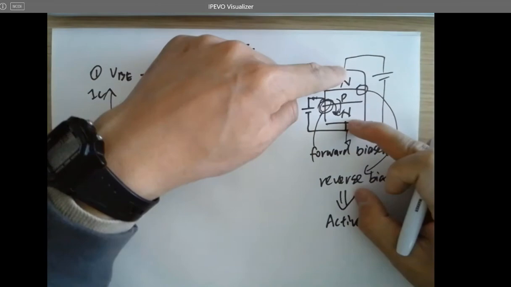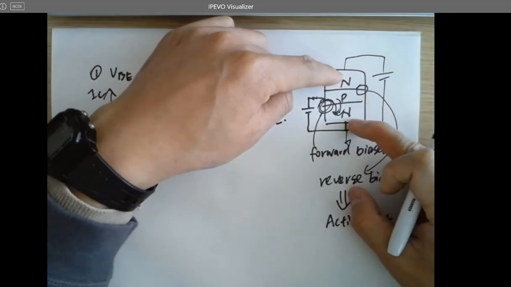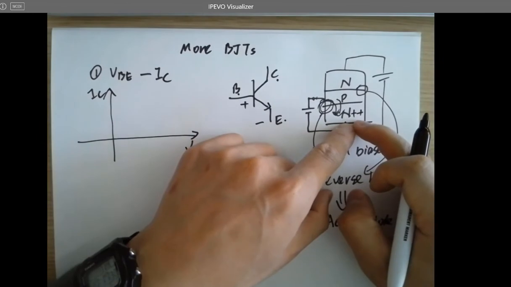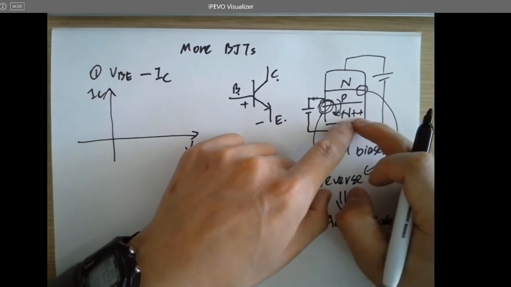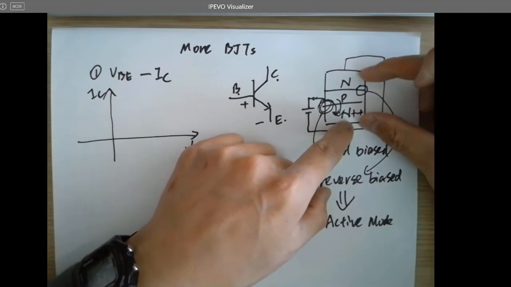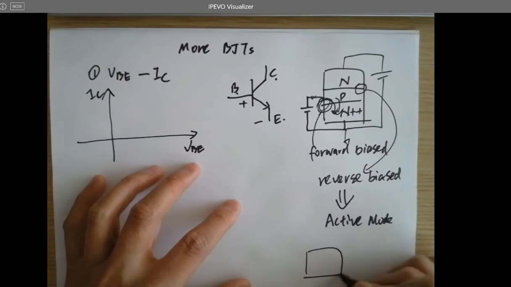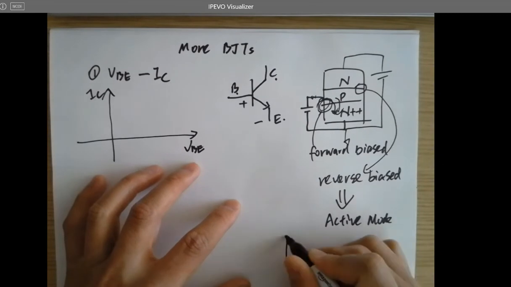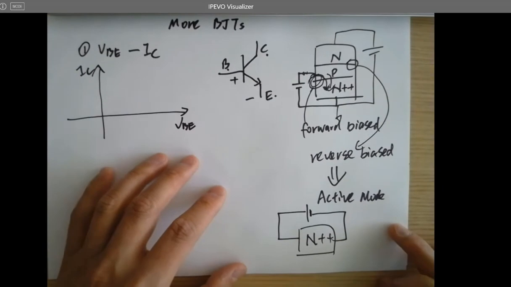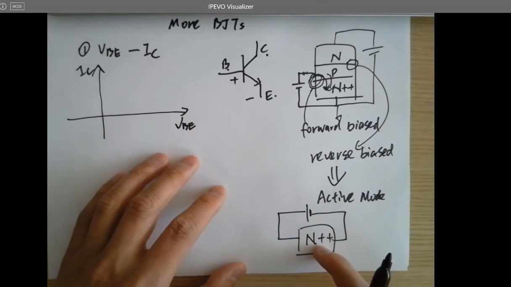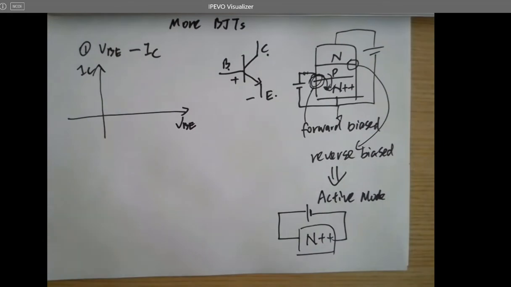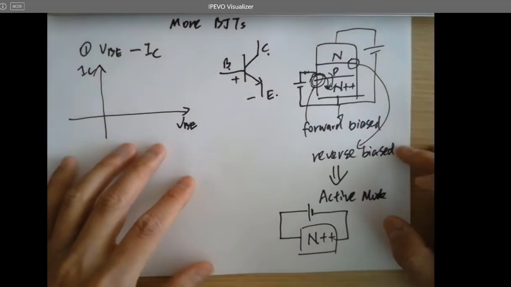And you have N and N, which are heavily doped, especially this one. This is a heavily doped N material with a lot of free electrons, so it is actually conductive. However, because there's a P here, it's insulating these two N's. If you only have one piece of N, what's going to happen? It's like a conductor, a piece of wire, or a piece of resistor, an N-well resistor.